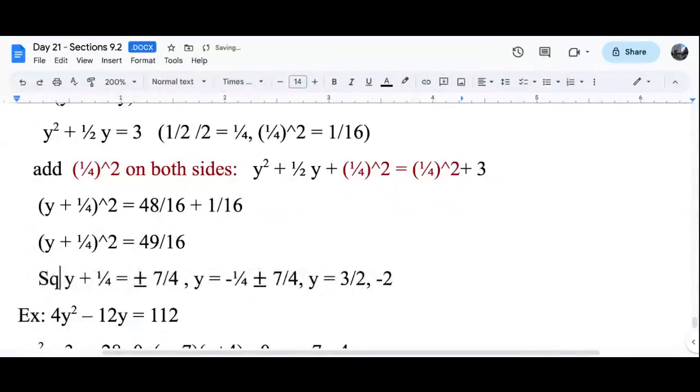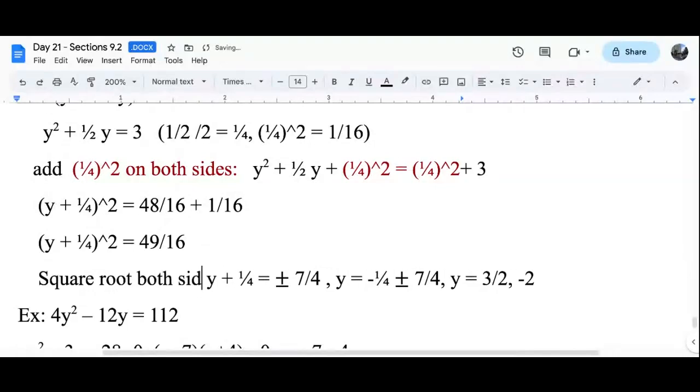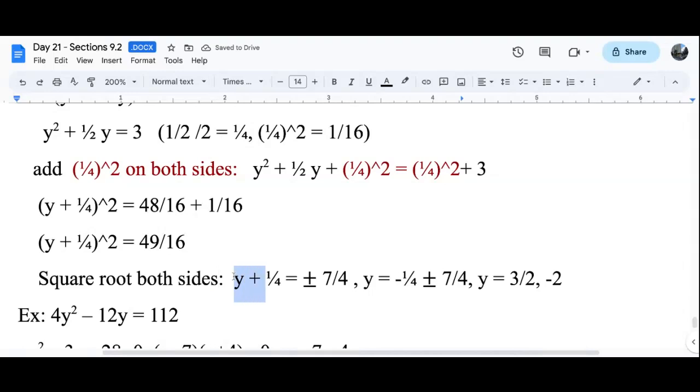Then we square root both sides. Okay. Square root cancel each other. So we get y plus quarter. Square root of 49 is 7. Square root of 16 is 4. So we get plus minus 2 values.